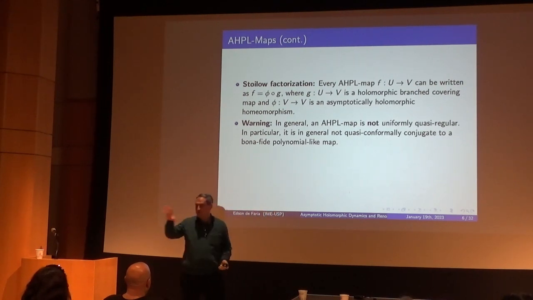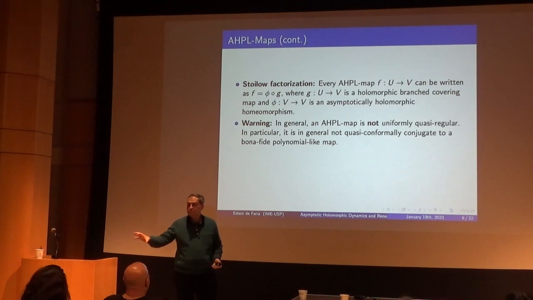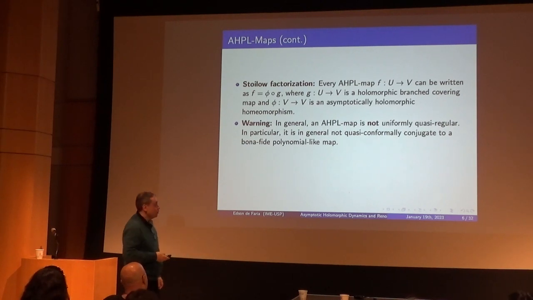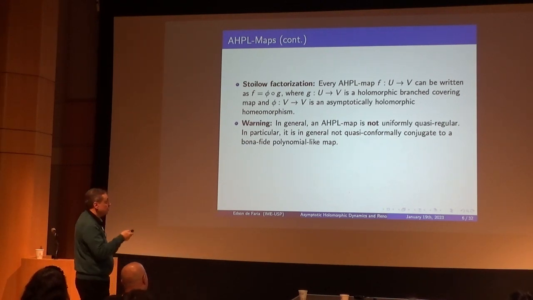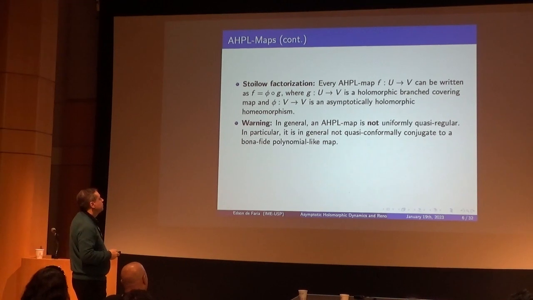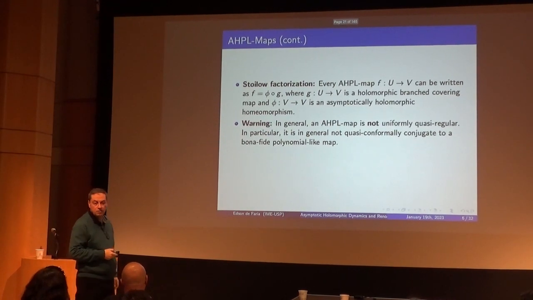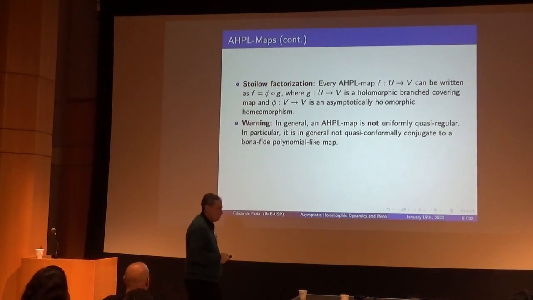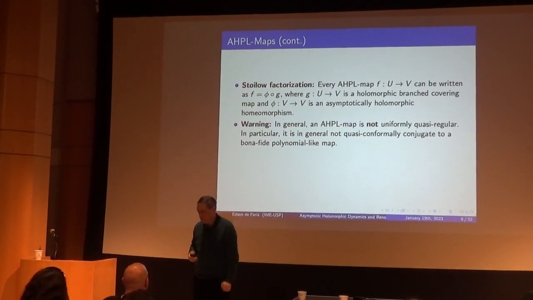Whereas for a holomorphic map with an attracting fixed point, the modulus stays constant as you iterate. So these maps are not even locally quasi-conformally conjugate to a holomorphic map. But away from the critical point, everything is invertible and it's locally quasi-conformal, right?